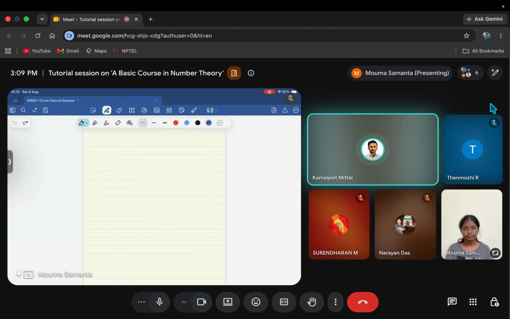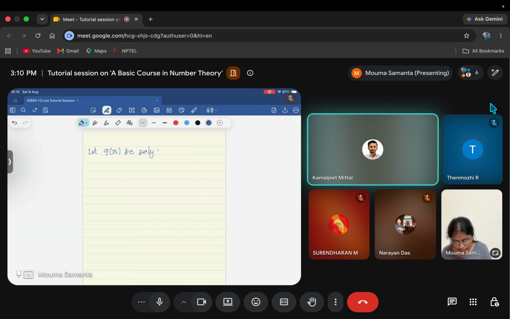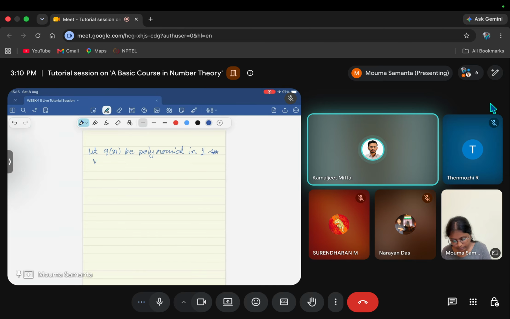Okay, the question is: let Q(n) be a polynomial in one variable with integer coefficients and p be prime.